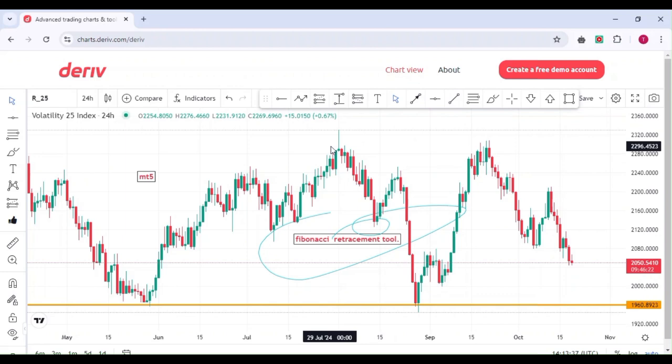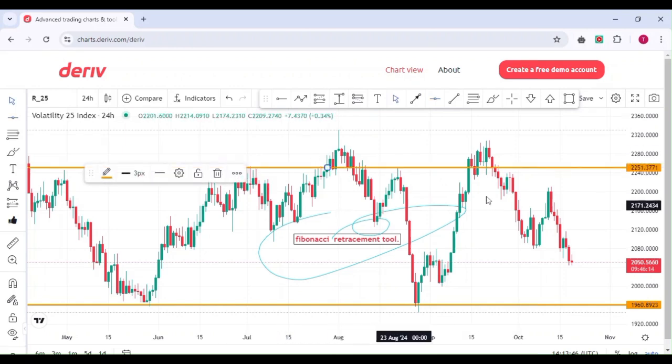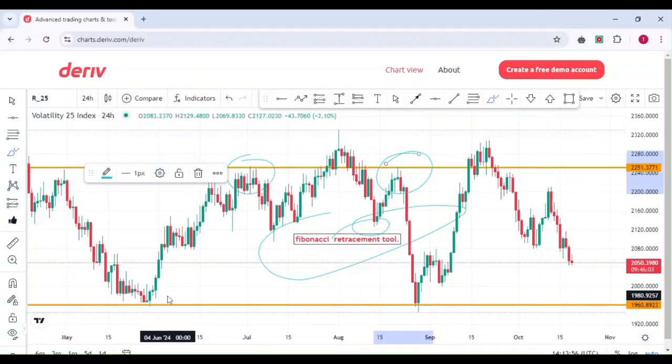I hope we are together on that area. We have talked about support and resistance before, and we won't go there again. So it helps us to identify these areas of support and resistance.